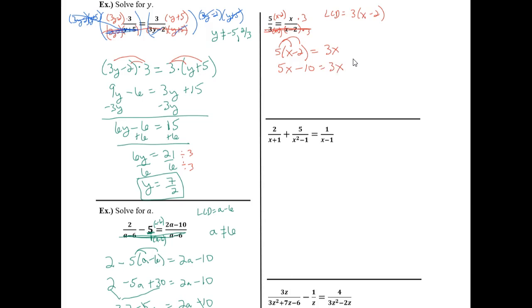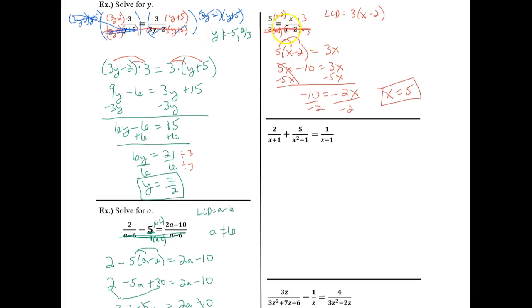Gather my variables on the same side. So I subtract that 5x over to the right hand side. This leaves me with -10 equals -2x. Divide both sides by -2. That means x equals +5.